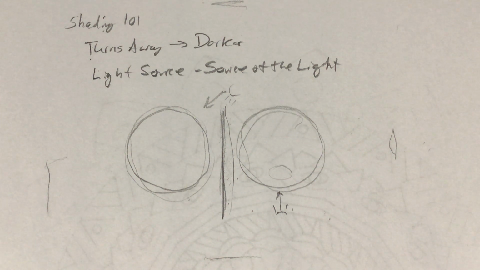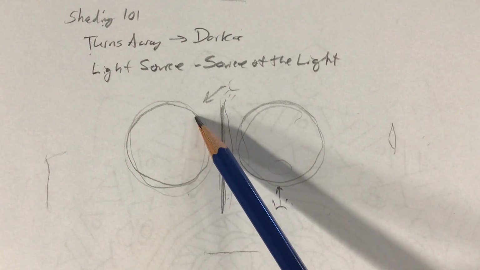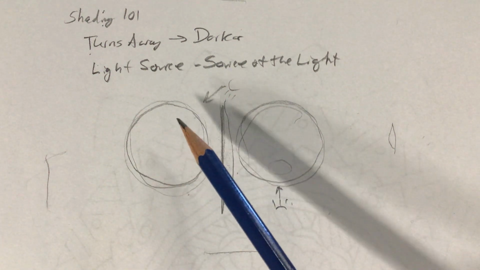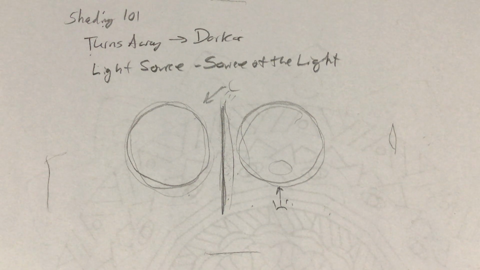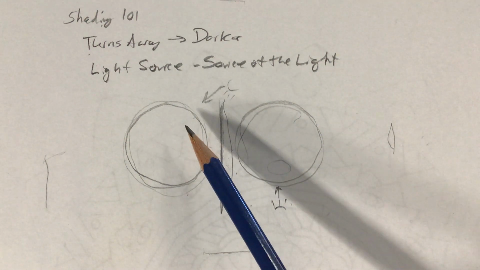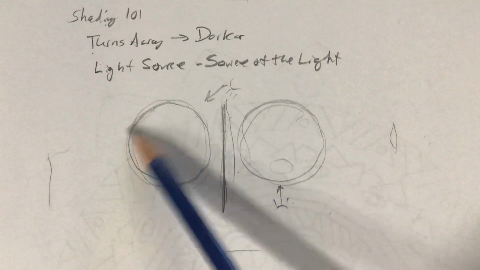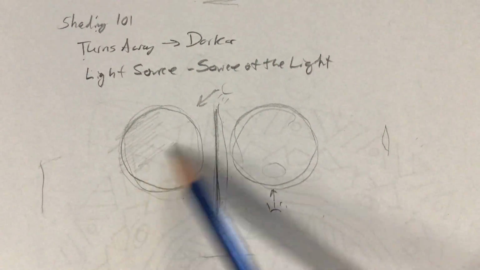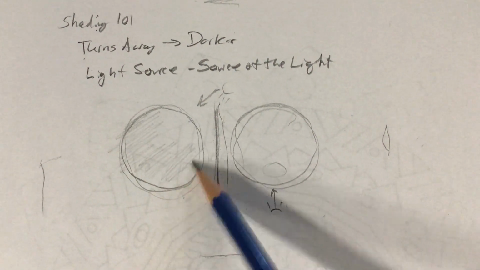Okay, so let's start with our first light source right here. Which part of this circle is going to be the lightest part? Emily? Top right. So then we're going to shade everything except for the top right because that's the lightest area.